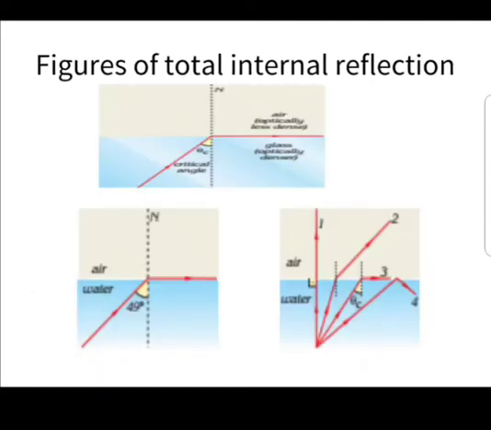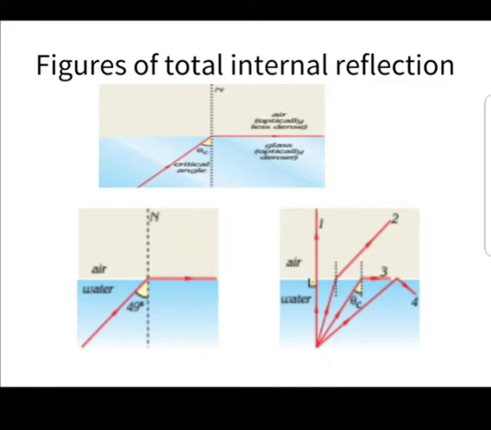So in this slide, that is the last slide, we have the refracted angle, that is the angle between the normal and the refracted ray. This angle here is 90 degrees. When this angle is 90 degrees, the incident angle here is called the critical angle.